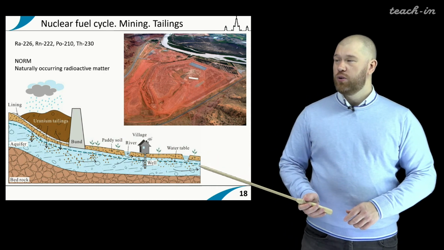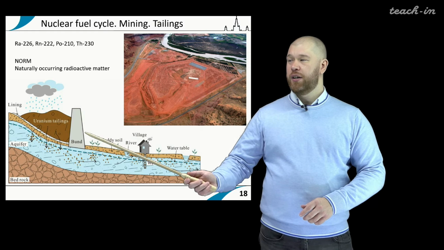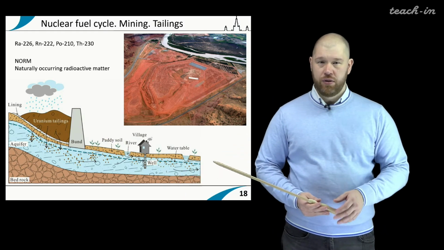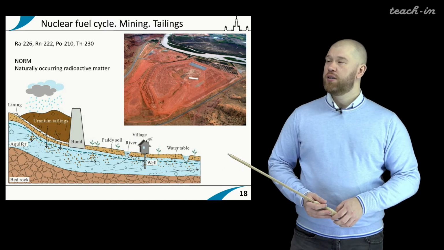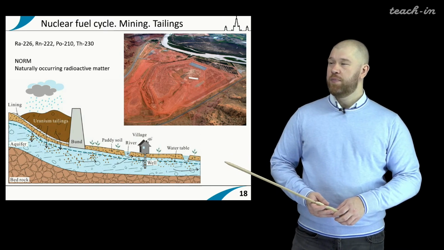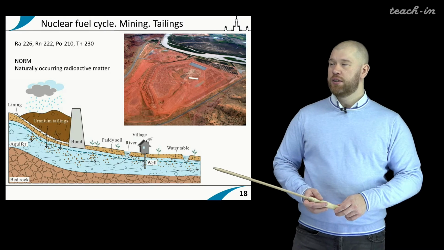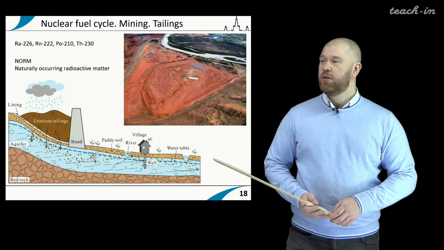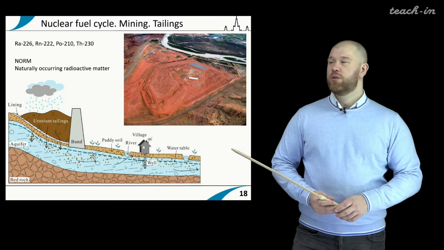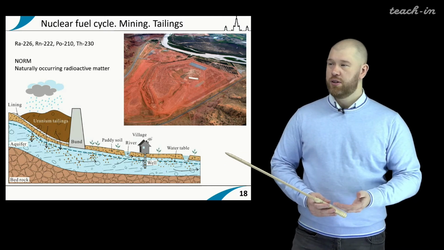And these uranium tailings contain the natural radionuclides that were not extracted by sulfuric acid, and they are concentrated in these tailings. First of all, it's radium, for example, and all the decay products of radium, including radon.